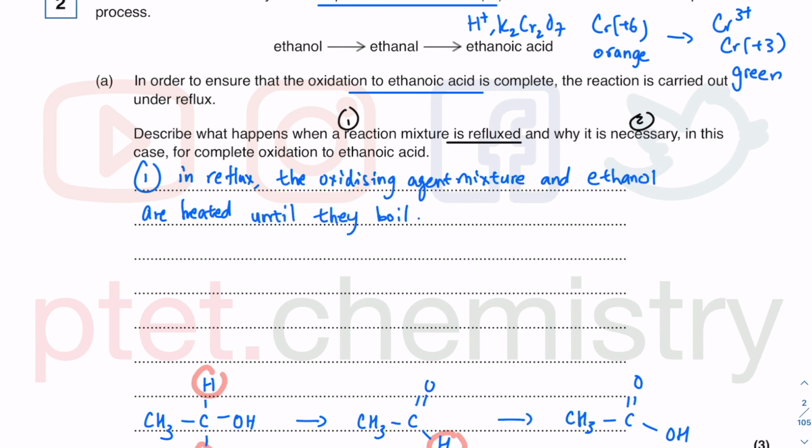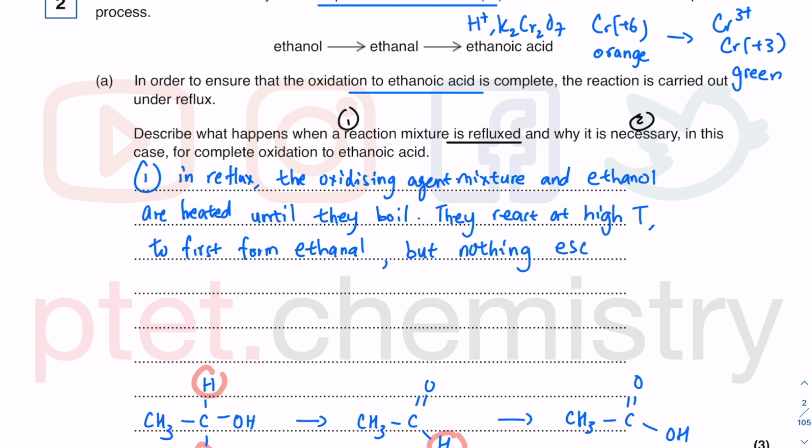If not, they are not refluxing. They react at high temperature to first form the aldehyde, but nothing escapes because you have a vertical condenser.